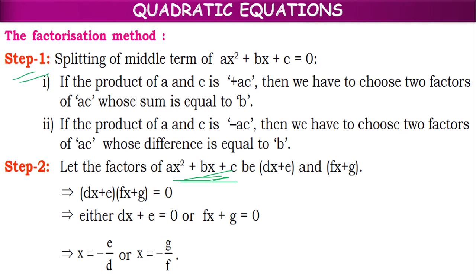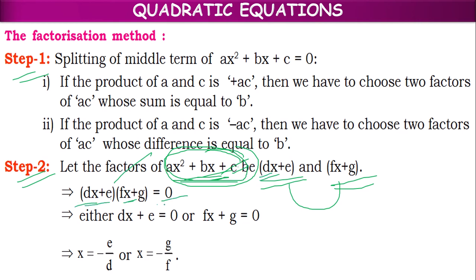Now in step 2, let the factors of given quadratic expression be dx plus e and fx plus g. Means if the quadratic expression equal to 0, then the product of these 2 factors also will be equal to 0, which means first factor equals to 0, second factor equals to 0.